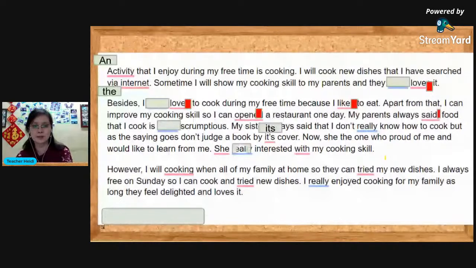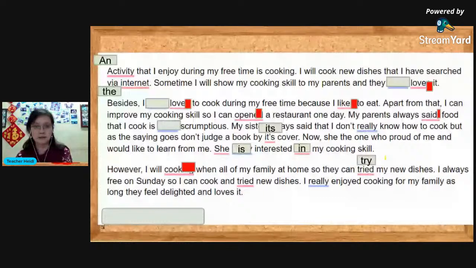She is interested in my cooking skill. However, I will cook, after a modal verb you have to use the base form. I will cook with all of my family at home so they can try my new dishes. I am always free on Sunday so I can cook.